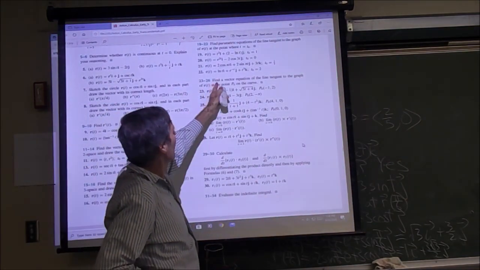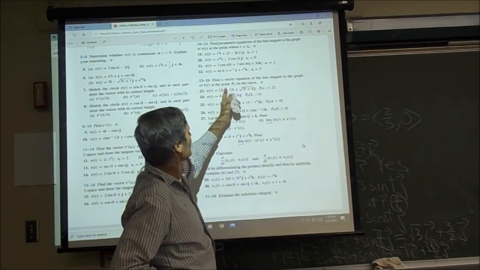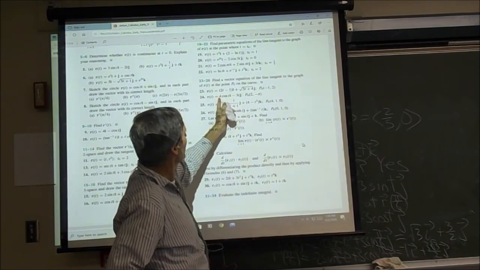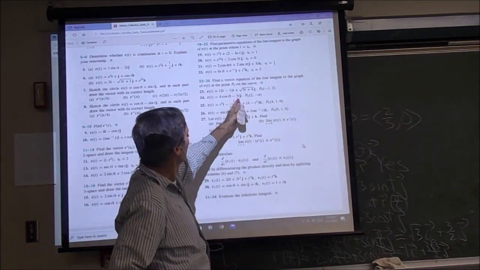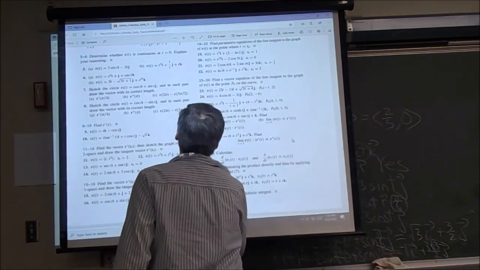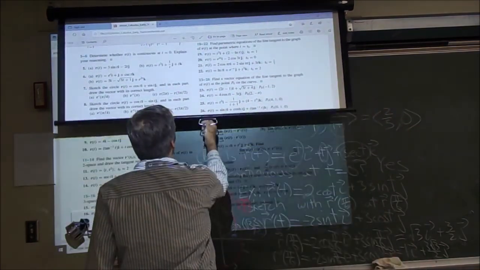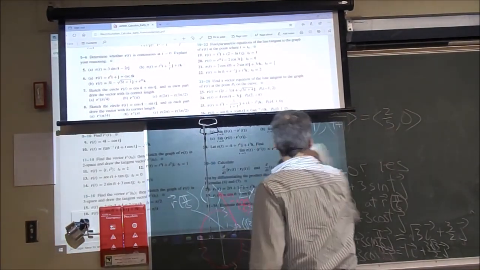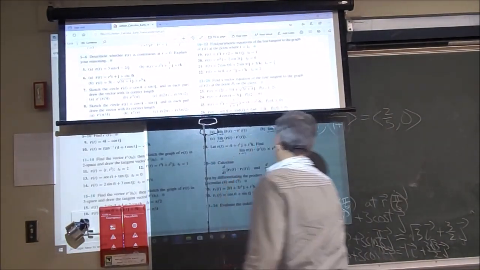How about this one? Find the equation of the line tangent to the graph of 4 cosine t i minus 3t j. We'll make this the last part. And you can go ahead and try some of these. The integrals are fairly straightforward. I think you just integrate component by component.